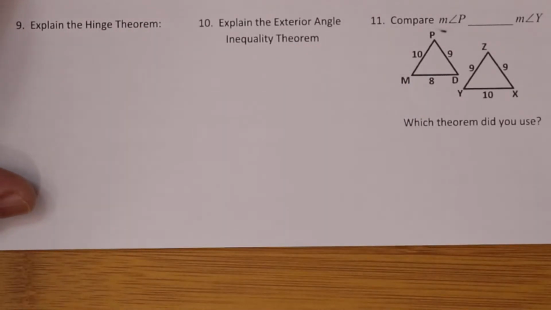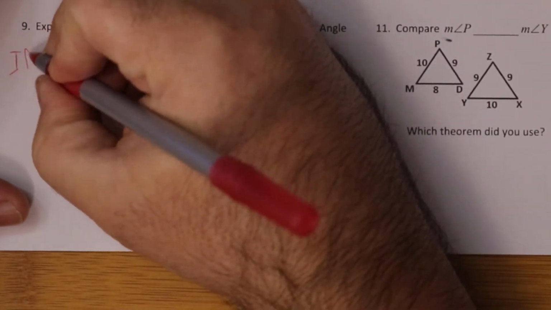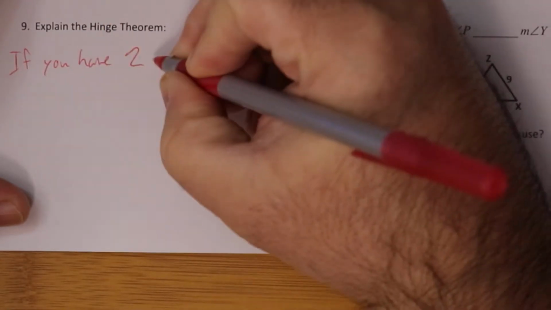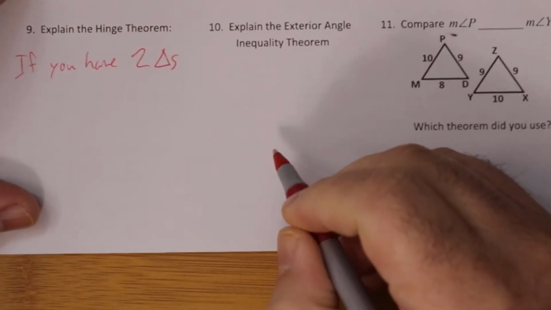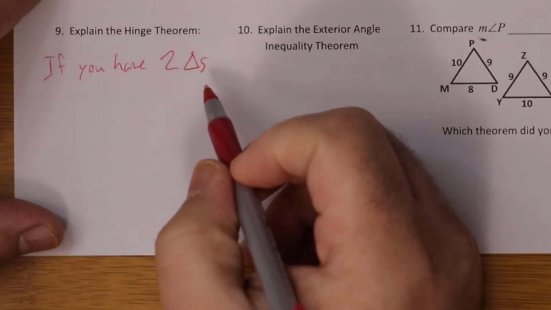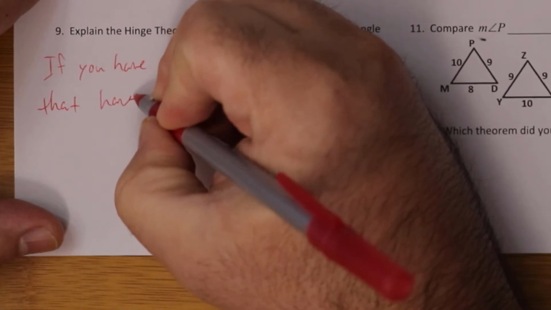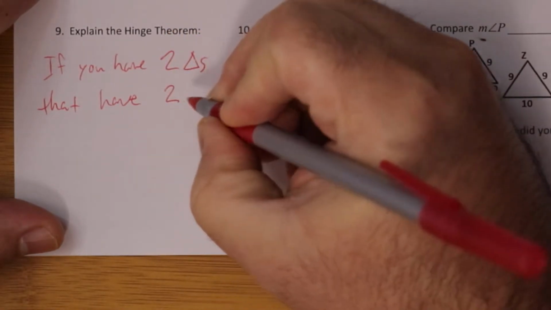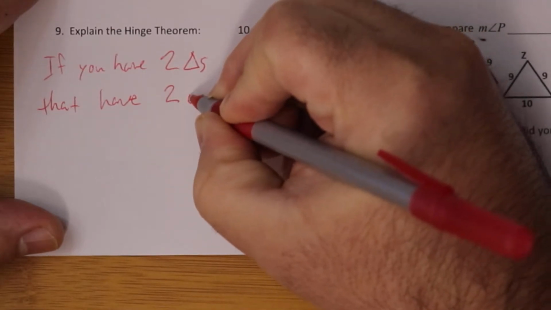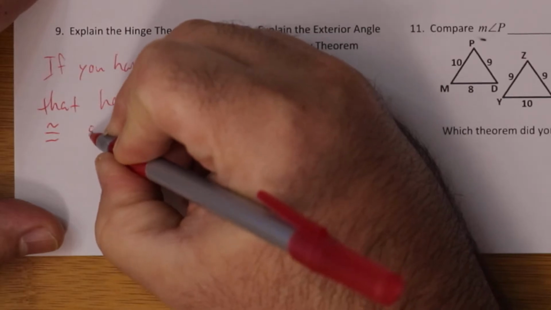You can put it in your own words, but the basic idea is that if you have two triangles, I'm going to use symbols so I don't have to write so much, that have two corresponding, I'm going to put CORR for corresponding, congruent sides.